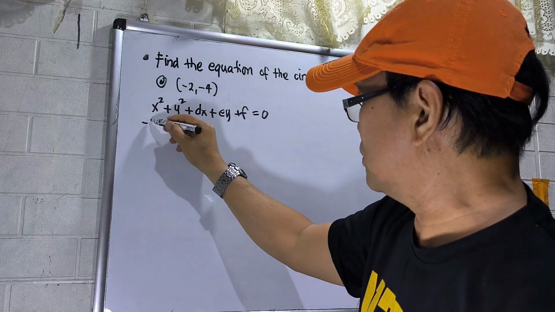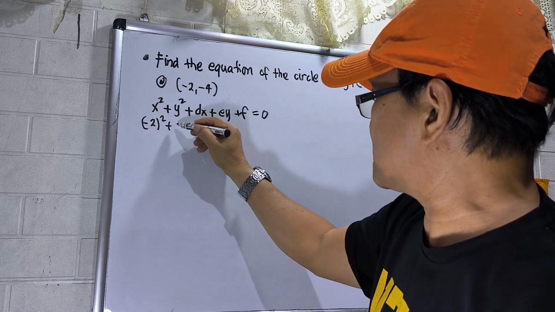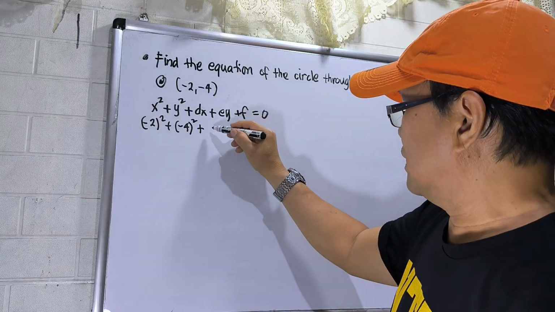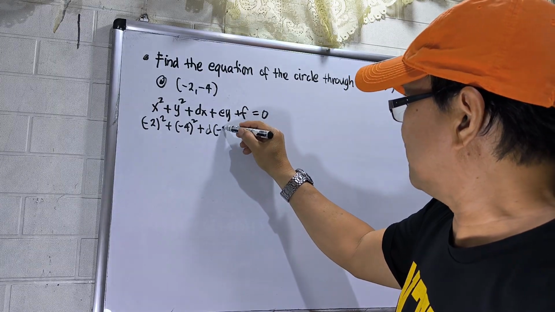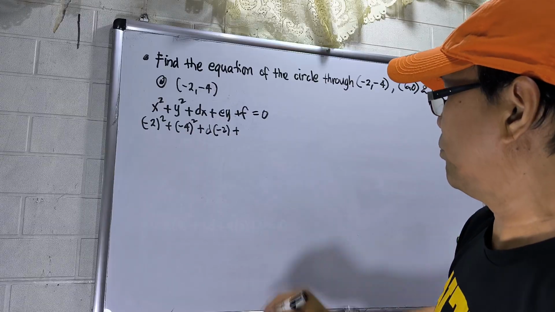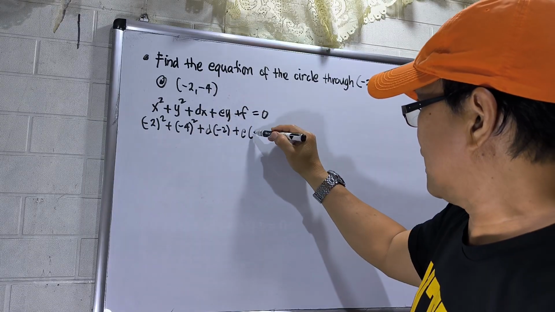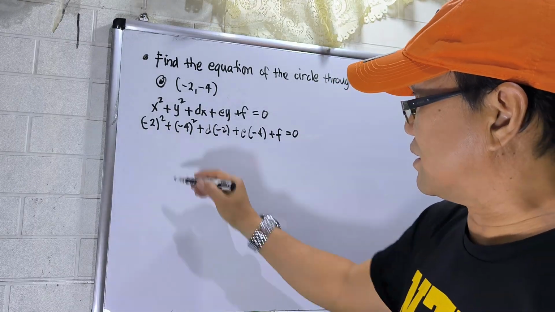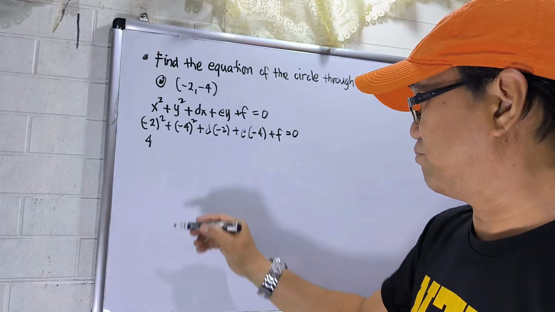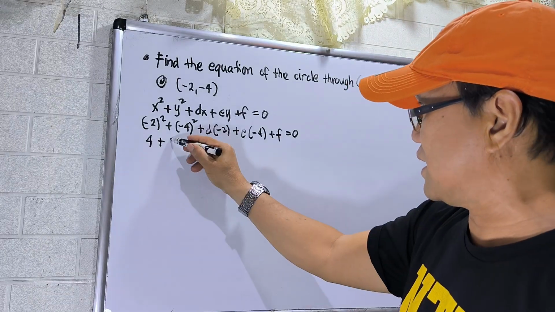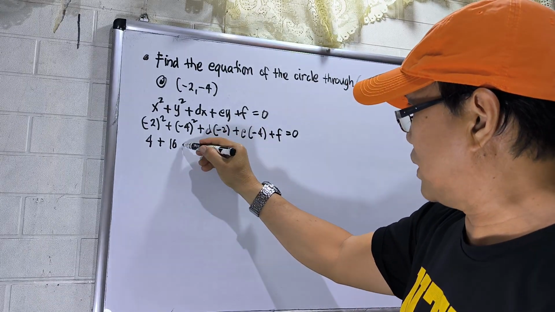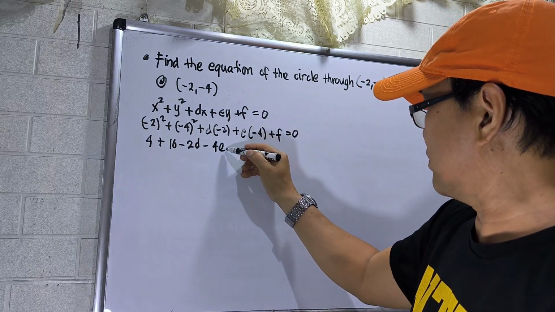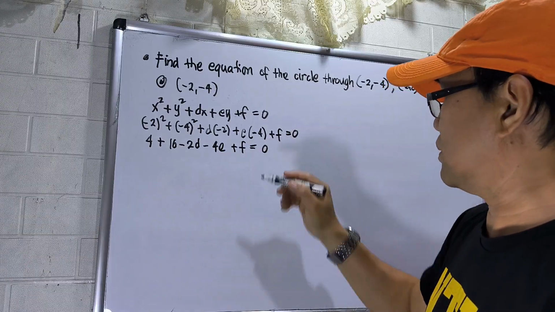So negative 2 is my x, and my y is negative 4 squared, plus d times negative 2 plus e, then y is negative 4, plus f is equal to 0. So negative 2 squared, that is positive 4. Negative 4 squared, that is 16. Then multiply, that will be negative 2d. Then multiply, that is negative 4e. Then plus f is equal to 0.